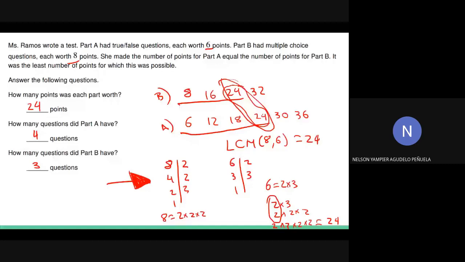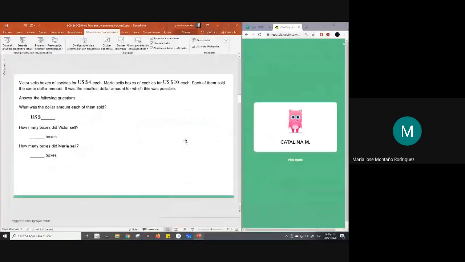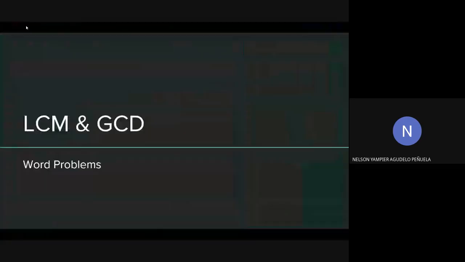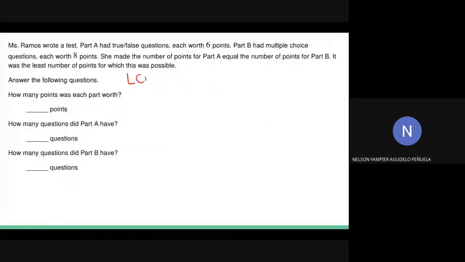Teacher, tell me. I don't understand why the result of the questions was 4 and 3. Okay, so the least common multiple of 6 and 8 is 24.